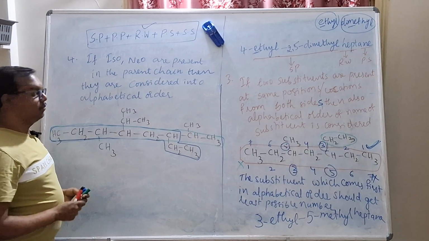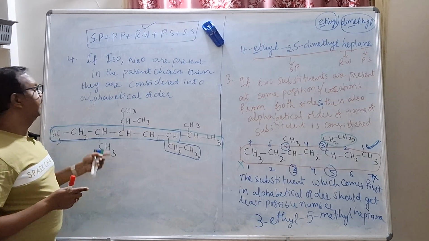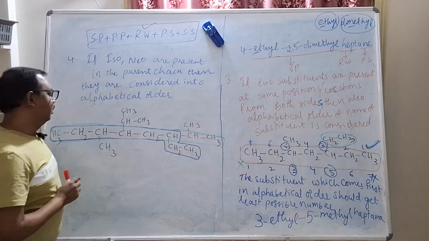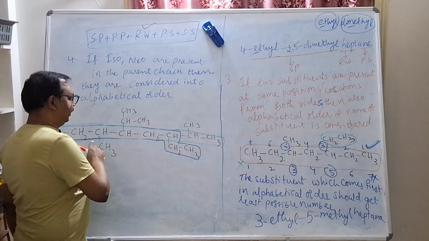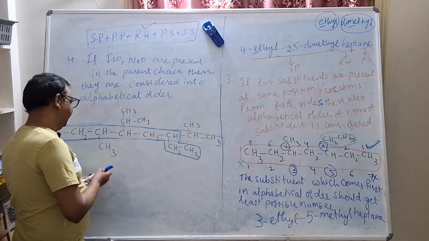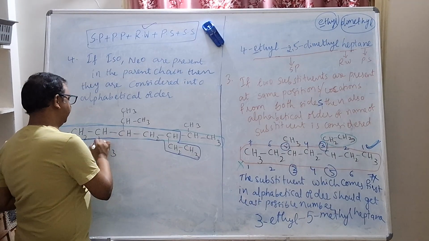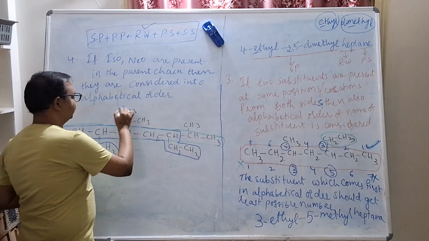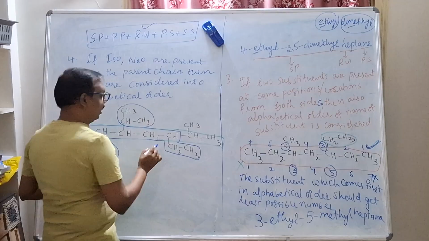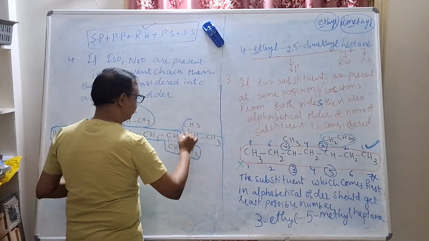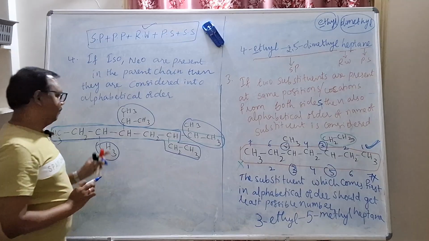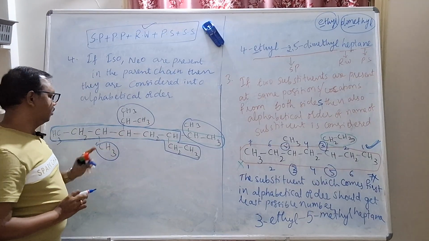The number of substituents in the parent chain must be greater, then that is considered as the parent chain. Here, how many substituents if you take the blue one? Number of substituents 1, number of substituents 2, it's a complex substituent, 2 substituents, and the next one, 3 substituents. With respect to blue, 3 substituents.